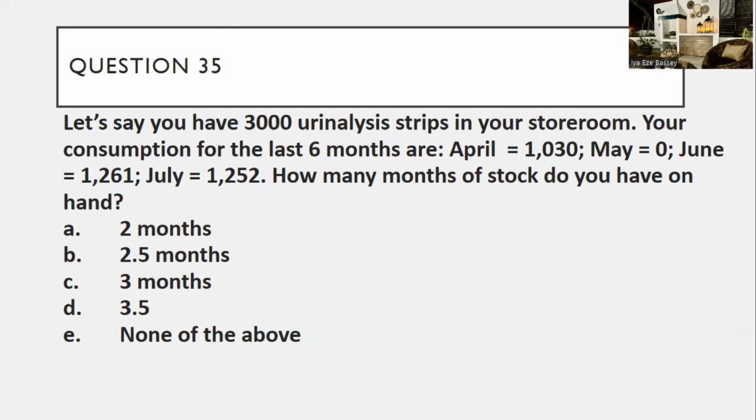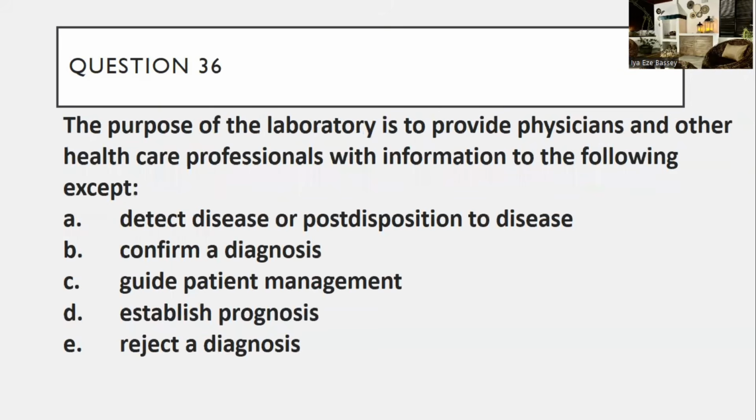If you do that, you will have your average monthly consumption. And then you would divide 3,000 by your average monthly consumption to get your amount of stock. So your answer is 2.5 months. You will have 2.54, which you can round down to 2.5. So that's your answer.